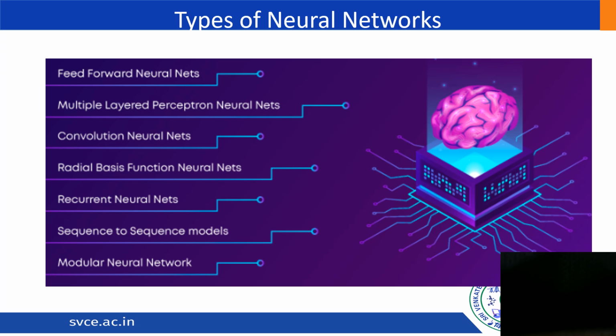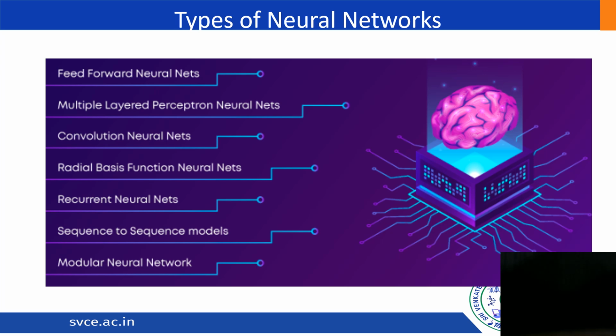Next one is recurrent neural networks. It is designed for sequential data like text, speech, and time series analysis. It has memory which stores past inputs using loops. It is used in language modeling, speech recognition, and more. Next is sequence to sequence modeling.